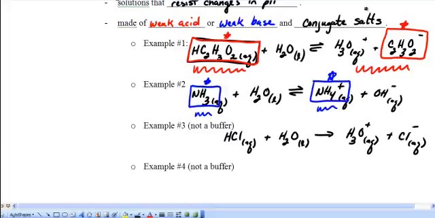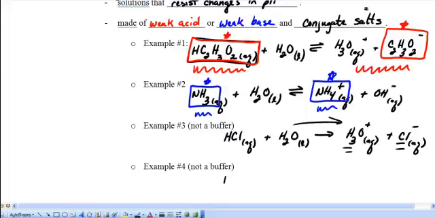So what's going to happen is if you add a base to this, it will neutralize this part of the equation. If you add an acid to it, this isn't going to do anything to it. It's just going to become more acidic. It's just going to keep going to the right. Unless you have an equilibrium, you can't shift both ways. So this cannot resist a change in pH.